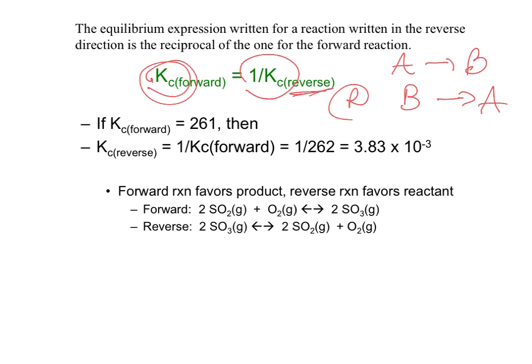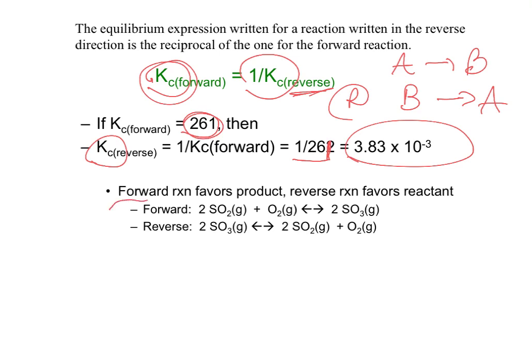To put specific numbers in, if the forward reaction has an equilibrium constant of 261, what would be the equilibrium constant of the reverse reaction? It would be 1 over 261, which is about 3.83 times 10 to the minus 3.